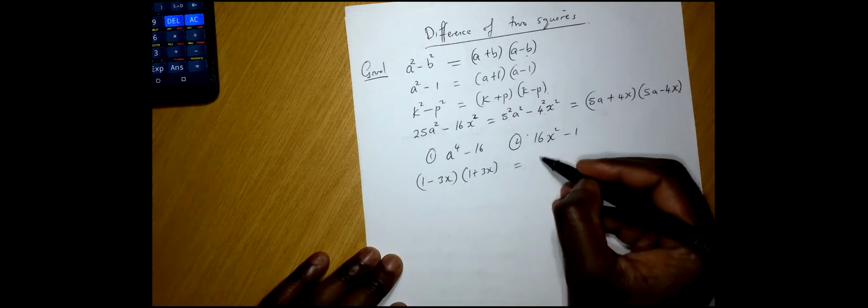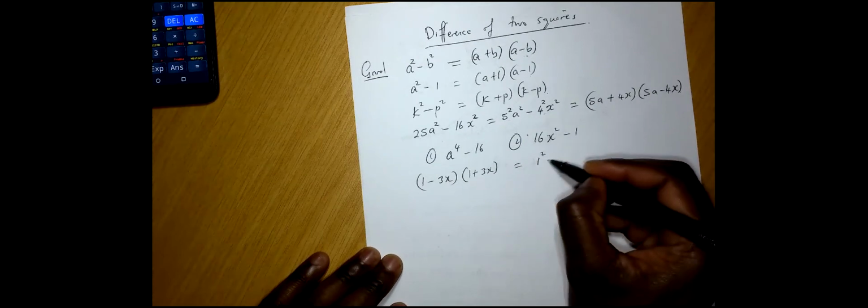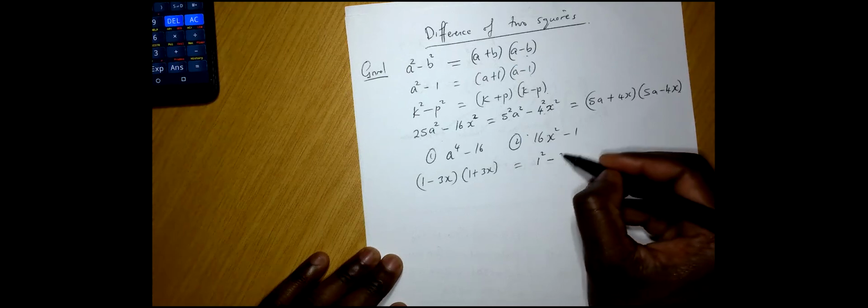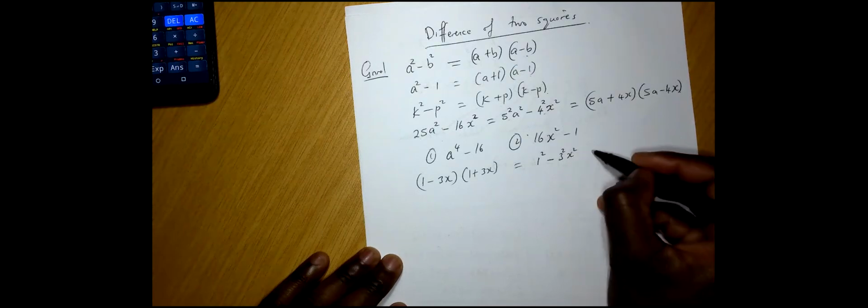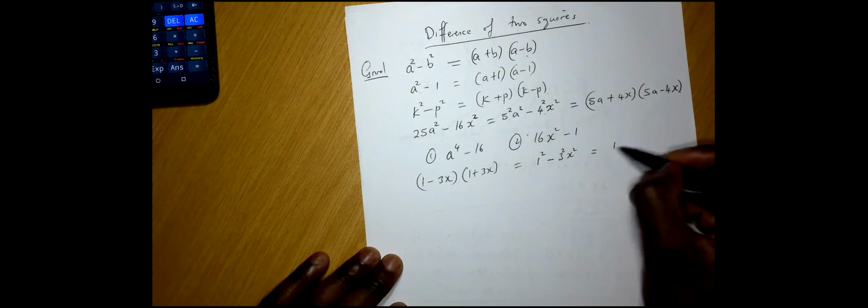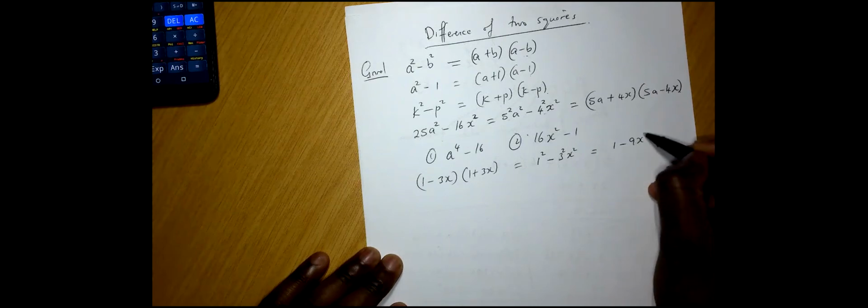If it is given 1 minus 3x, 1 plus 3x, this must give us 1 squared minus 3 squared x squared, which is equal to 1 minus 9x squared. That's what you must understand. That's how you can express this difference of two squares.